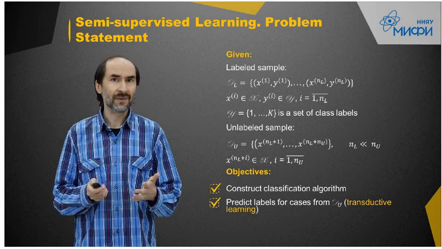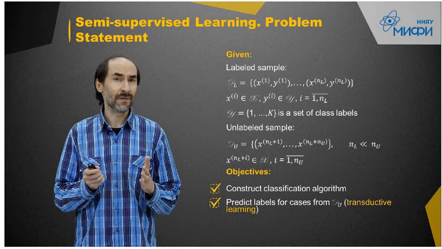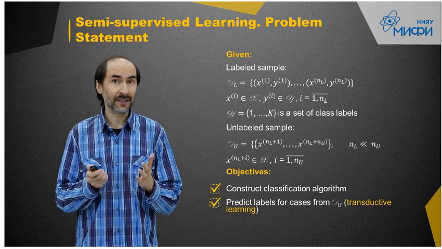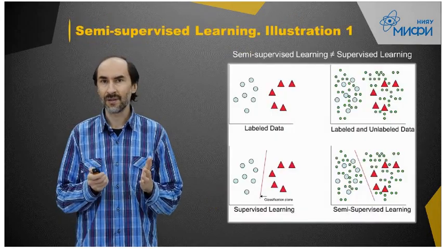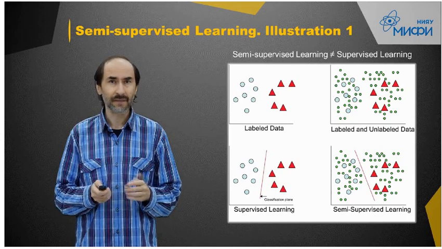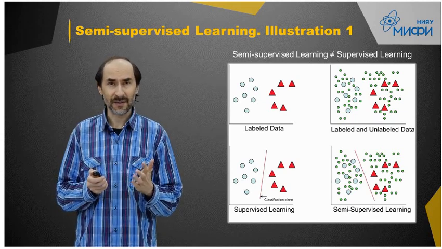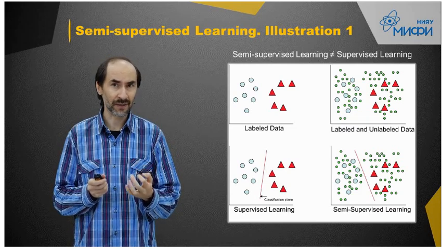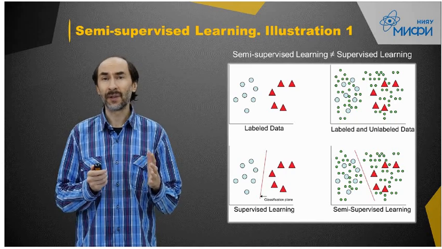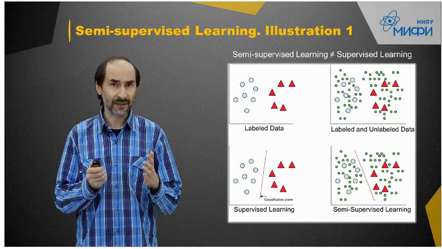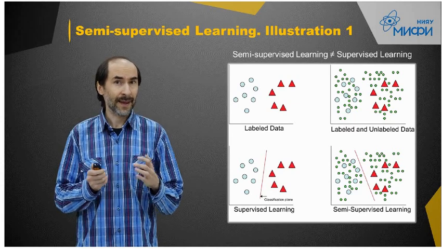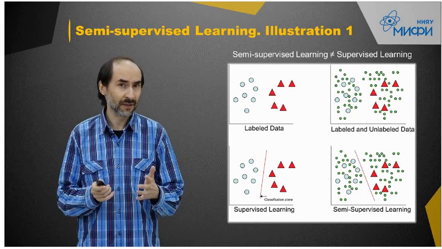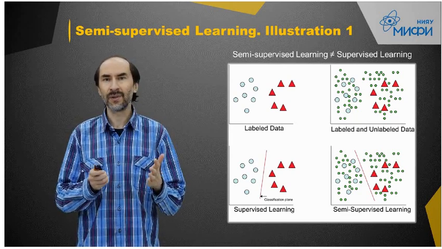For the first objective, one can notice that if we solve the classification problem, why do we need the unlabeled data D sub U at all? The answer is shown in these illustrations. The classification problem in semi-supervised learning is not the same as it is in pure supervised learning. For example, if we have only labeled data, as shown in the top left figure, and we apply some supervised learning algorithm, for example, support vector machine, we obtain the solution shown in the bottom left figure.